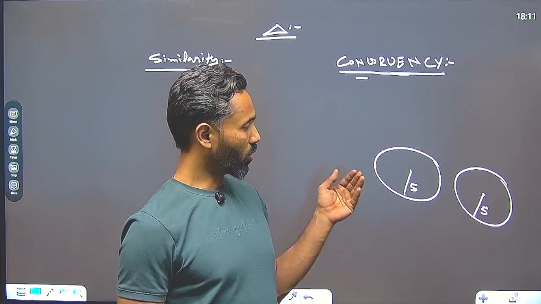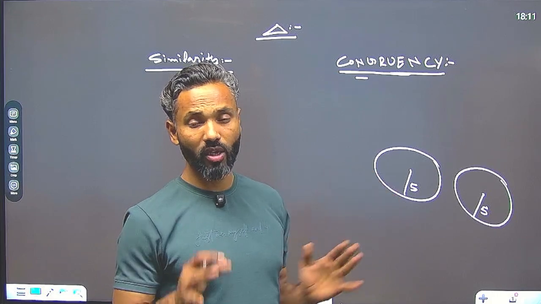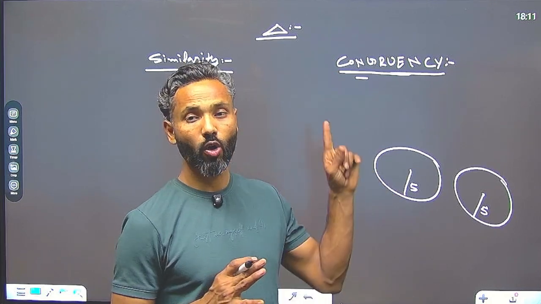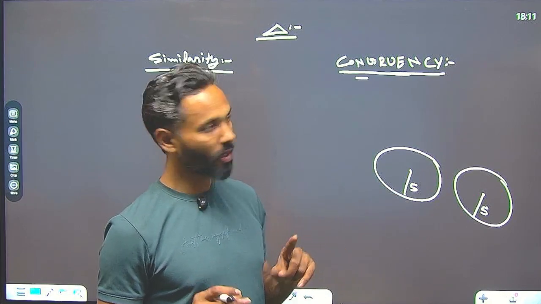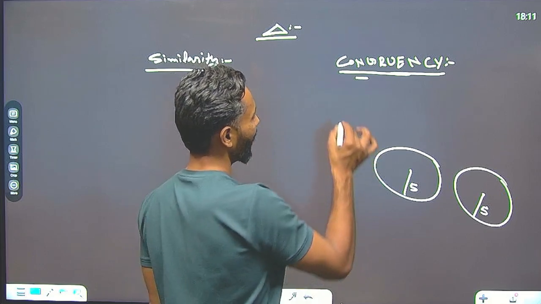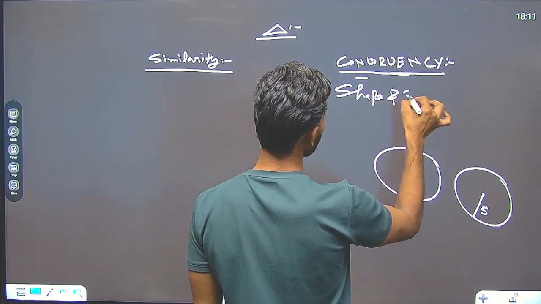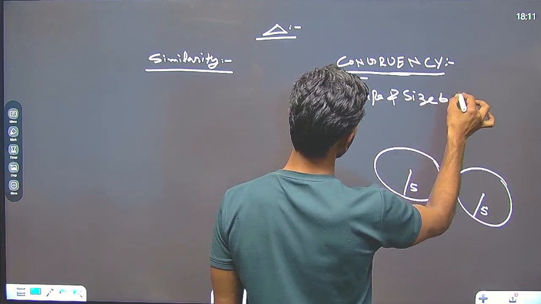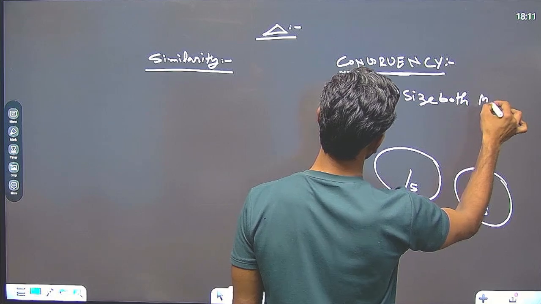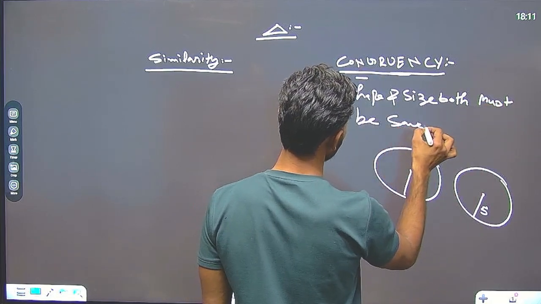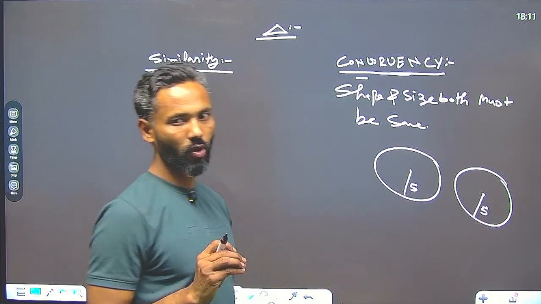Okay. So when shape and size both are equal, they are known as congruent. Understand that? So in congruency, shape and size both must be the same. This is quite essential for congruency.